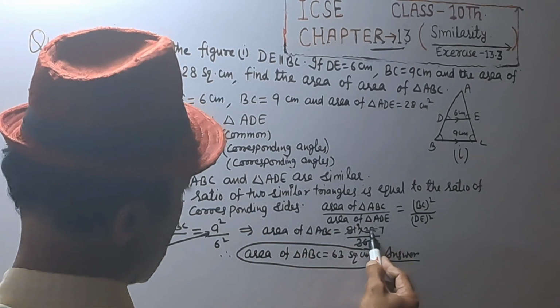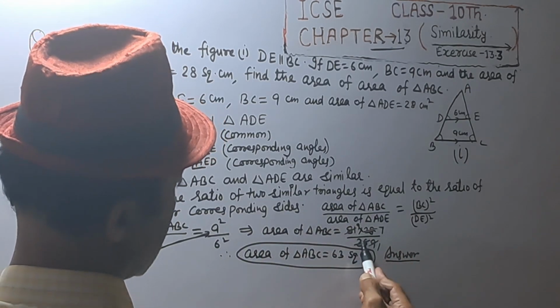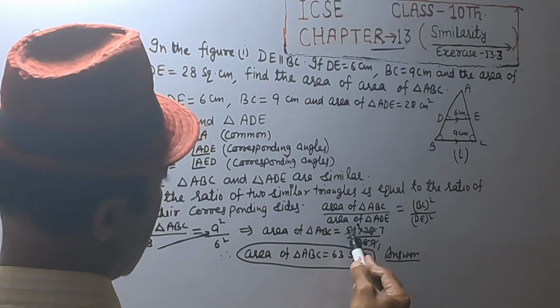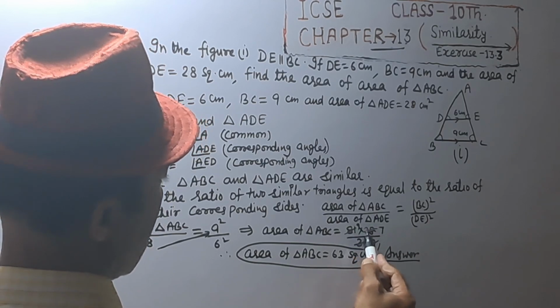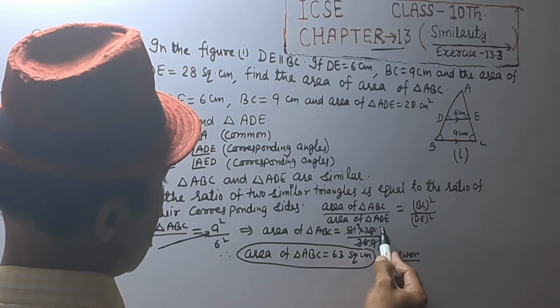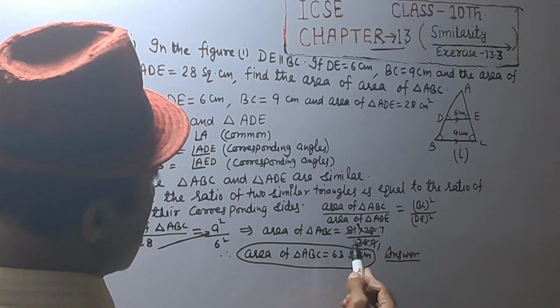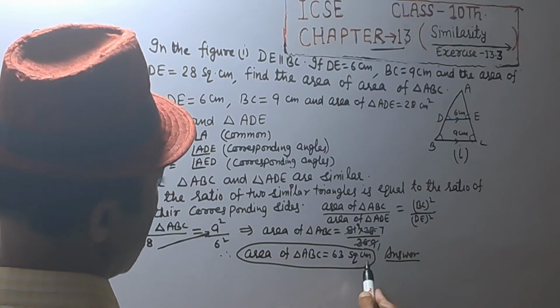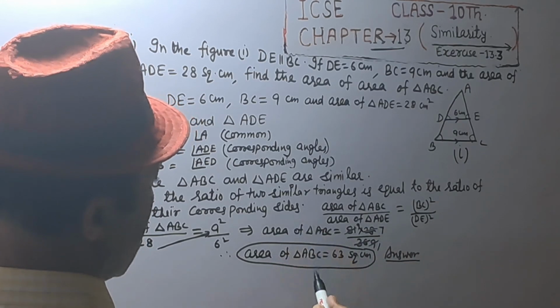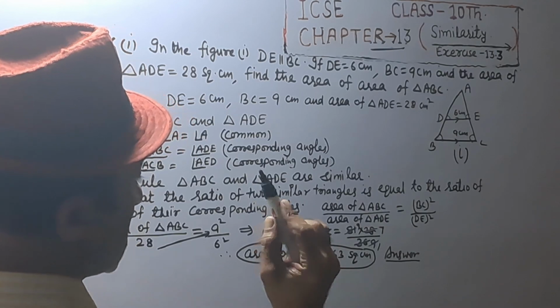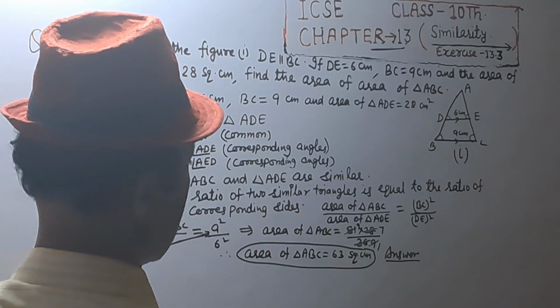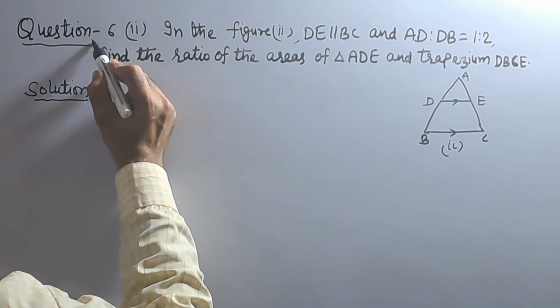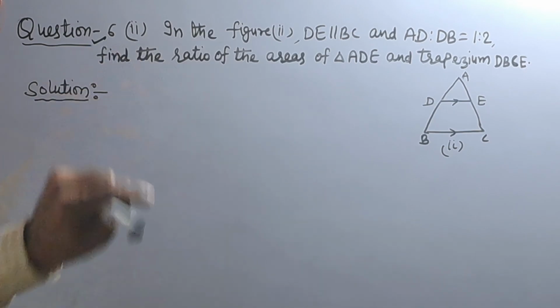That is 7 fours are 28 and 9 fours are 36. 9 ones are 9 and 9 nines are 81. 9 sevens are 63 square centimeter. Area of triangle ABC is equal to 63 square centimeter. Answer.